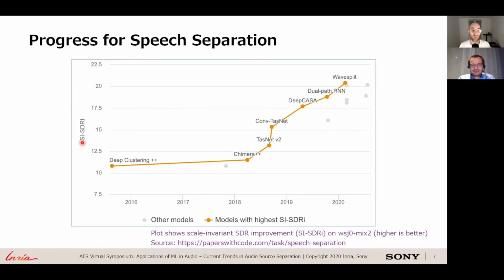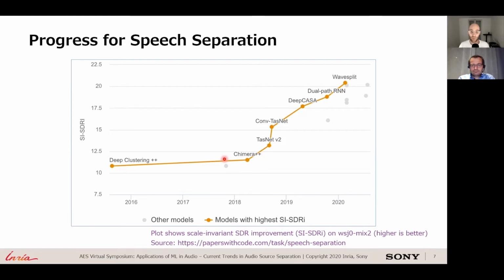Okay, so let's look at the performance over time, which means we look at a specific task here, which is the speech separation task, and the plot shows the scale invariant signal to distortion ratio improvement, or SI-SDR, and on the x-axis we see the year the method was published. So what we can observe is a basically flat area from 2015 to 2018, and that was a time when people tried to find out what is the best way to actually phrase the problem of permutation invariance for speech.